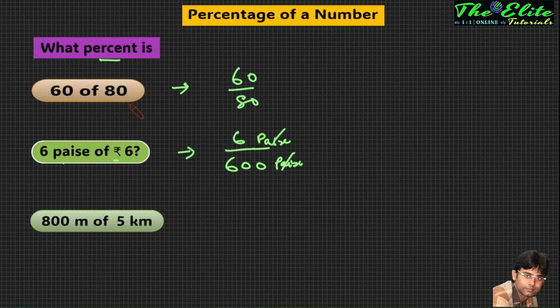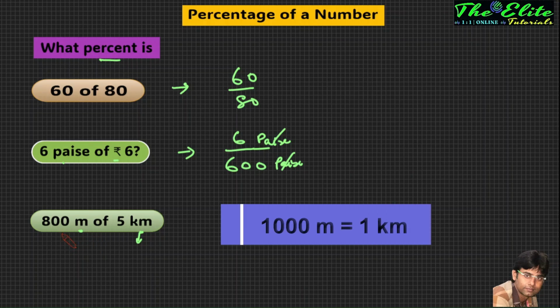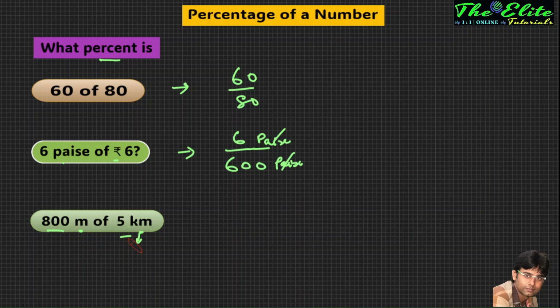Here it is unitless, so no problem. But here also you can see it is a meter and a kilometer. You have to convert this kilometer into meter first, and then you can use this number in the numerator and this number in the denominator, with the same unit. So this is a fraction first. 60 of 80 means 60 out of 80, right? 6 paise of rupees 6 means 6 paise out of 600 paise.